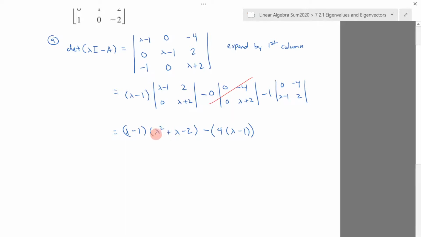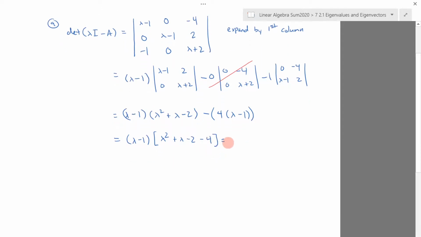Okay, so I mean I can FOIL this out, but there's a slightly easier thing you can do, right? So there's this term and this term, and both terms have the factor lambda minus 1, right? So I can factor out the lambda minus 1, and what's left over is this minus this. And so lambda squared plus lambda minus 2 minus 4.